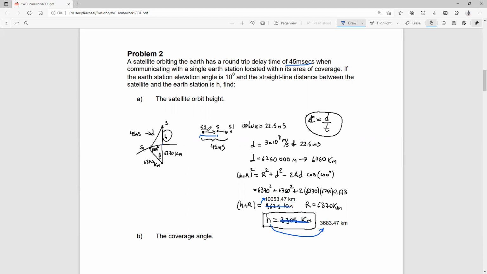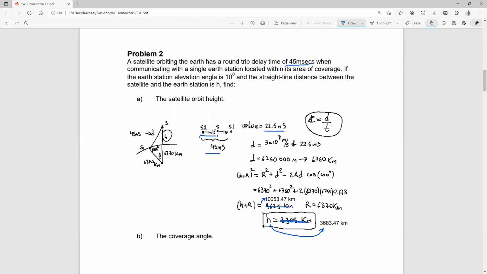So the time taken for the signal to travel from S1 to S is basically half of this time, that is 22.5 milliseconds, right?